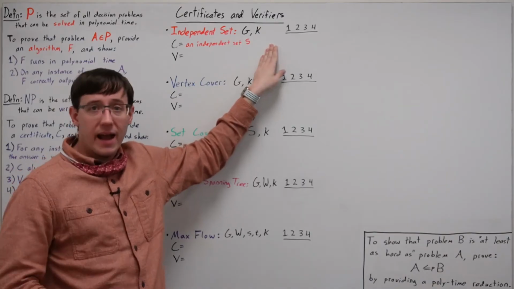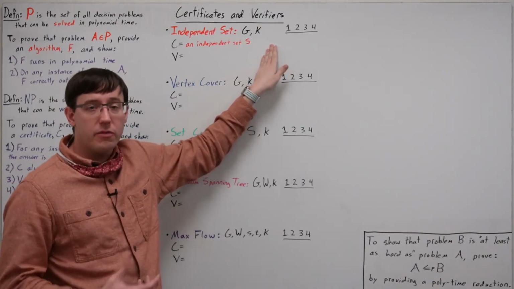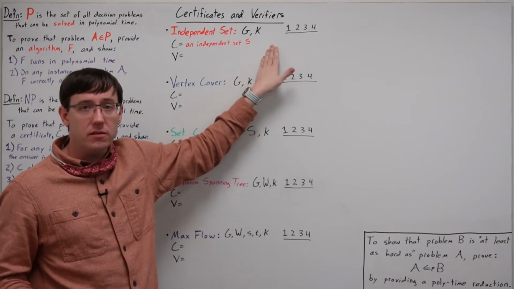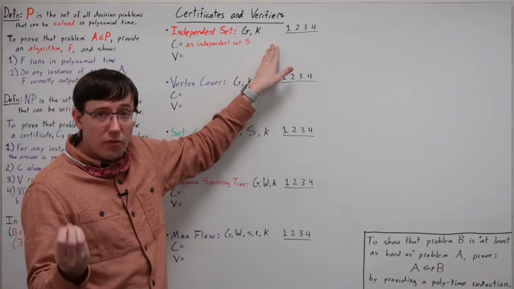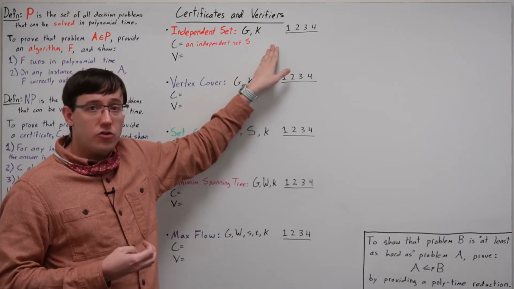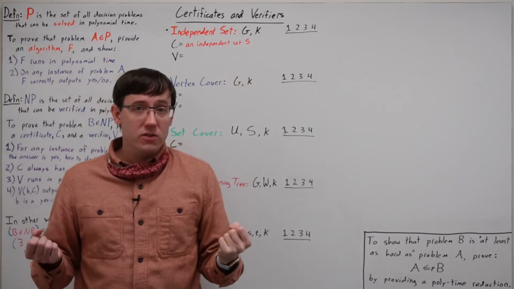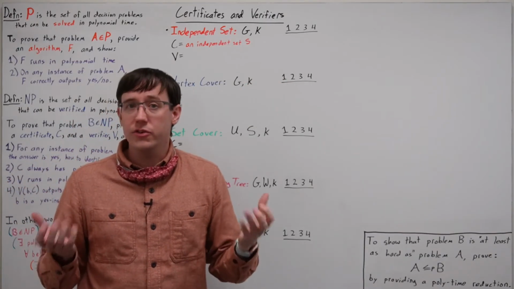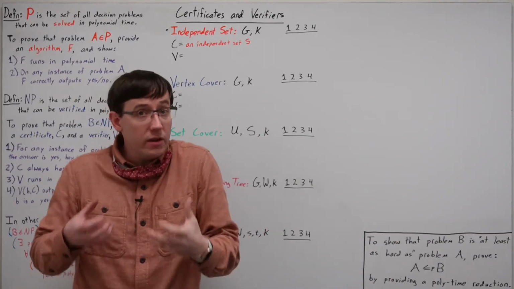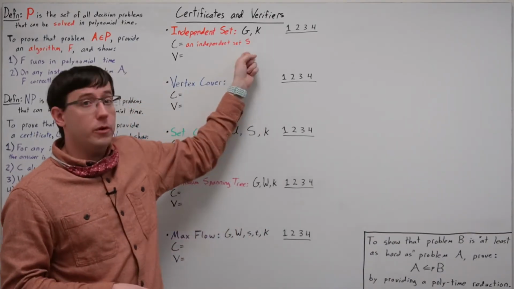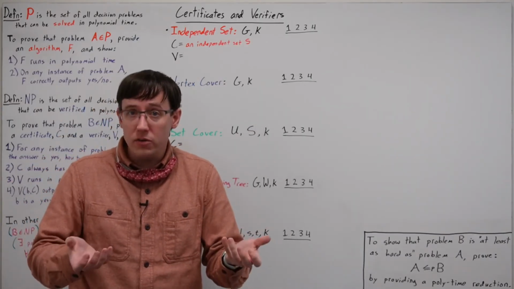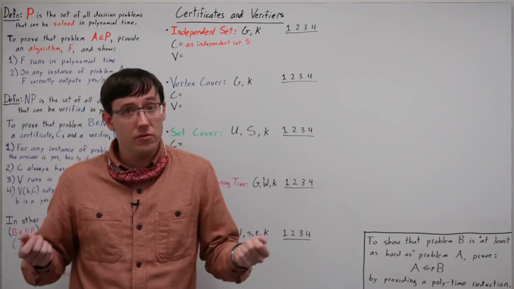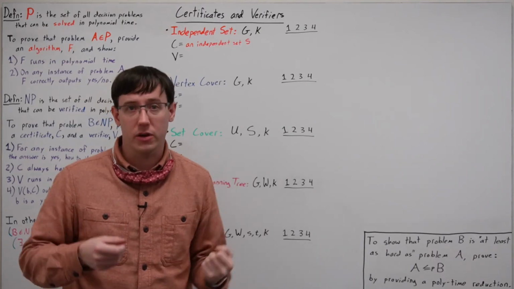Remember, we don't yet have an efficient algorithm for finding independent sets, but our goal here isn't actually to solve the problem. Our goal is to show that if the answer is yes, there exists some way to prove it. And so if the answer is yes, there should be an independent set, and if somebody gave that set to us, we could check that it is in fact an independent set in the graph.